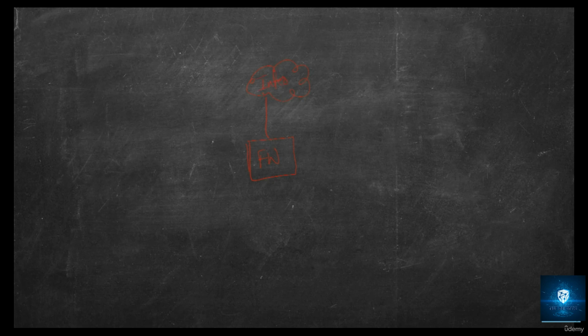Let me change the color. This is the internet, and south is basically your internal network. This is a switch, this is your internal network, or you can say the trust. This is the trust zone.